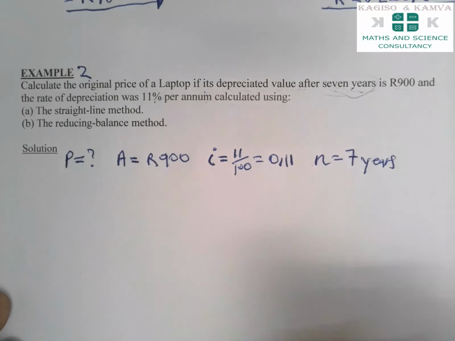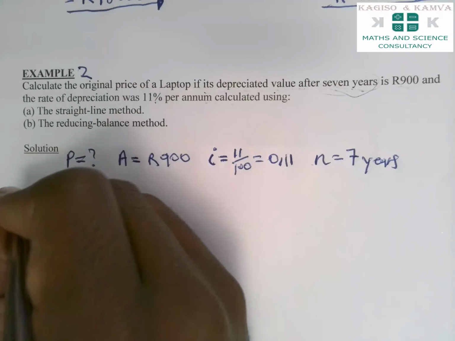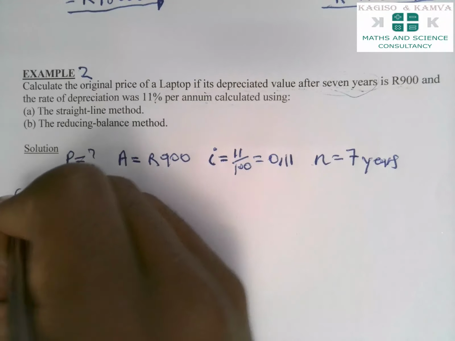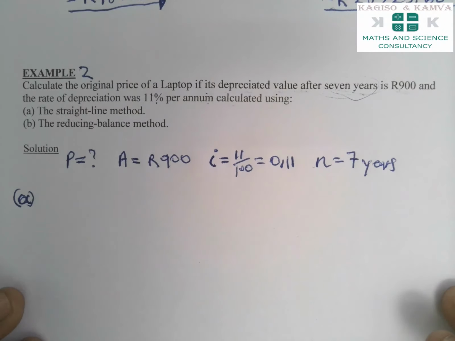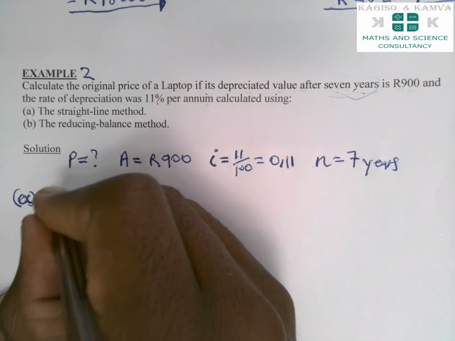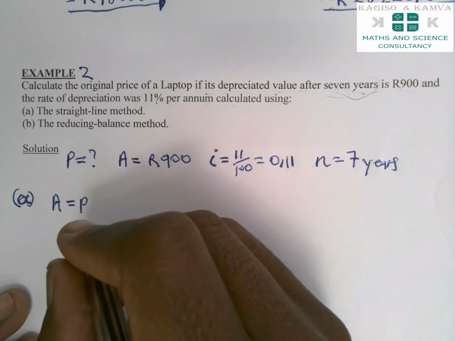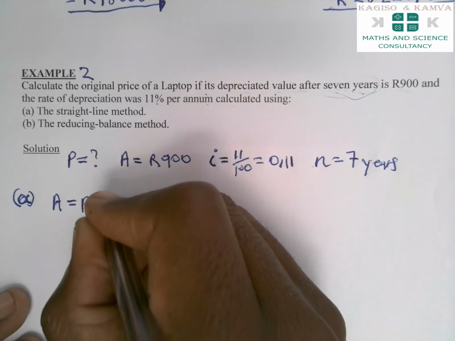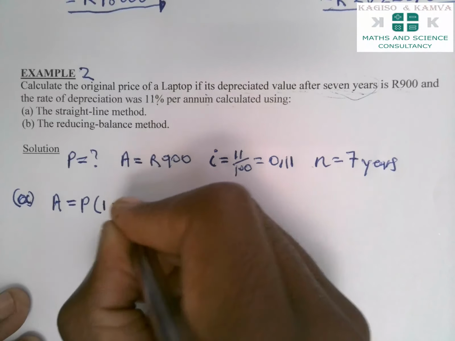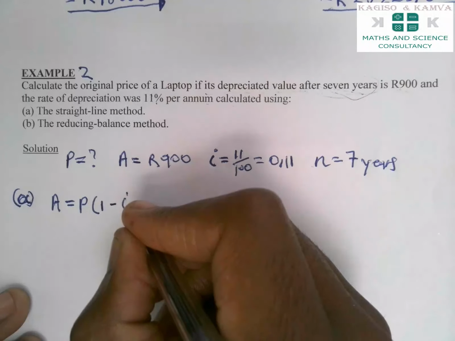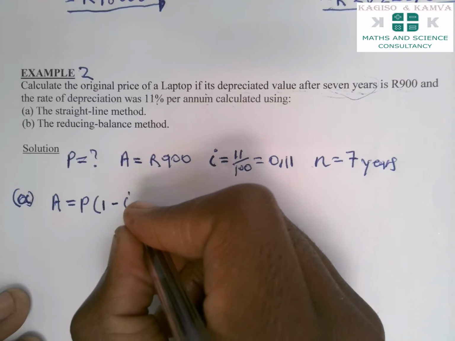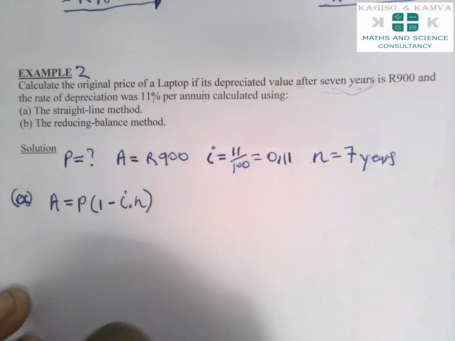Okay, so let us start with A. We know that A is equal to P into 1 minus i times n, like this.